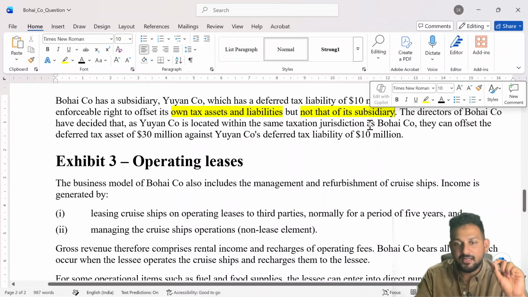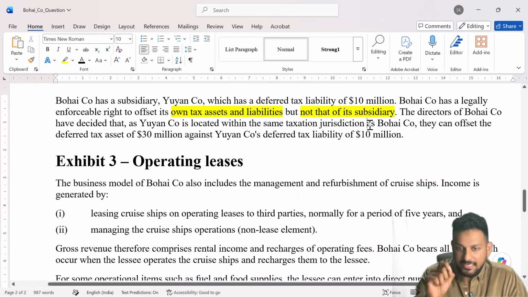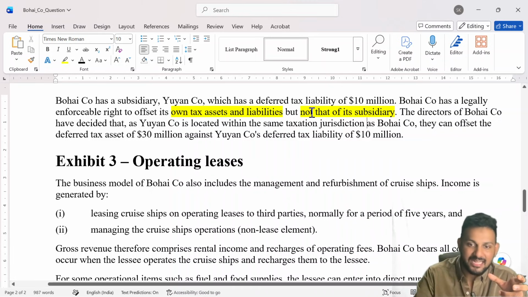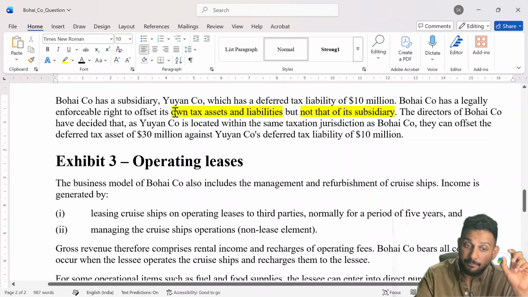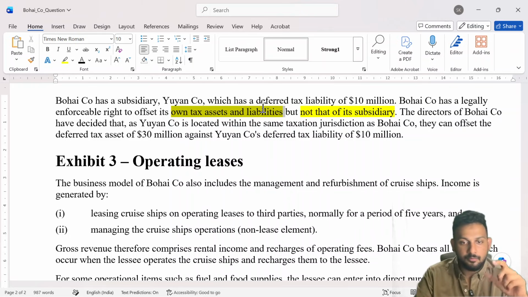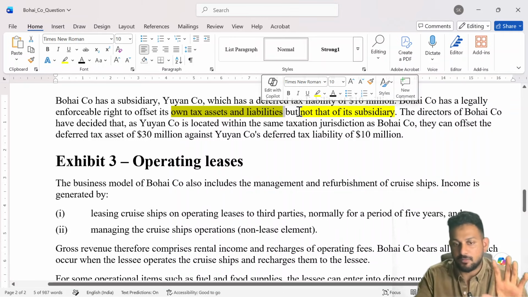So legally, from the perspective of law, Bohai company will not be able to offset the deferred tax asset and liability with the subsidiary. This is what the law says. But Bohai company can offset the asset and liability by itself. They are not allowed to offset with the subsidiary. So it is not permitted.